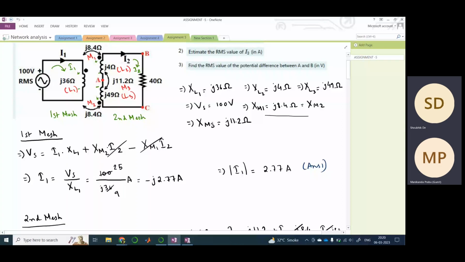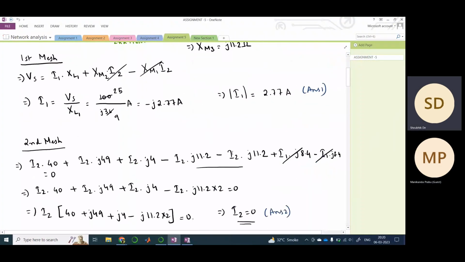That is why these two terms are coming, right?